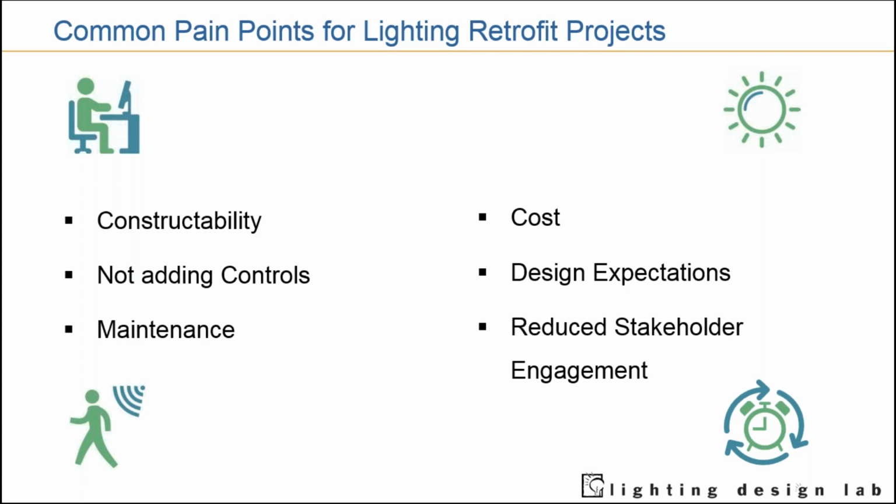And we arrived at 6 main themes that we understand are the more common pain points in a project's lifespan. And those are constructability, not adding controls to a project, maintenance and the ease of maintenance, cost, and usually the focus on upfront costs rather than the longevity of a project, design expectations, and not enough stakeholder engagement.